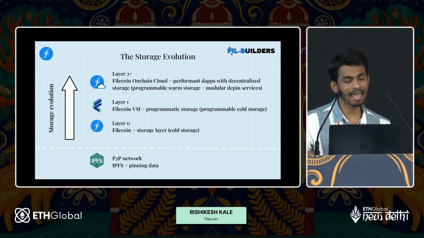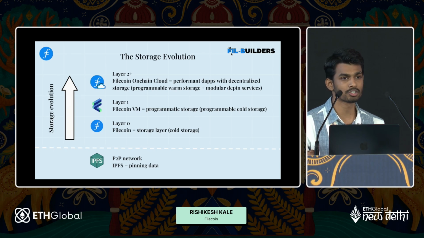So we then tried to create layer 0, the Filecoin layer, which is the cold storage layer. Then a couple of years back we launched FVM, which is an EVM compatible chain, which allows you to write smart contracts and do all the activities which you can do on any other EVM ecosystem chain. You can do that on FVM as well.